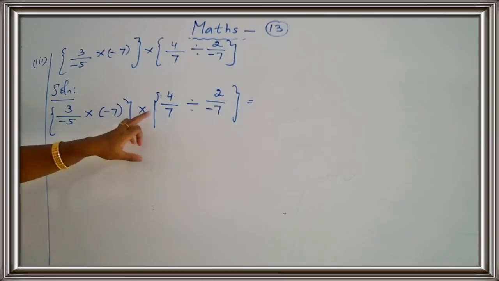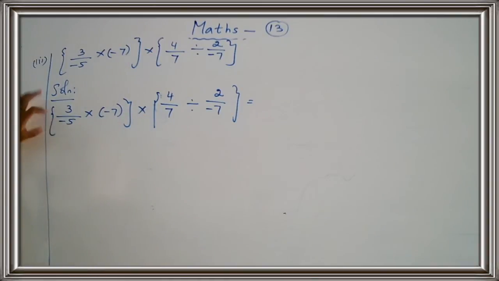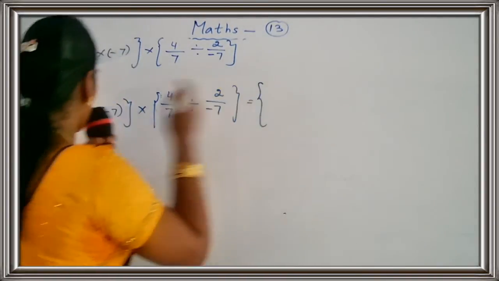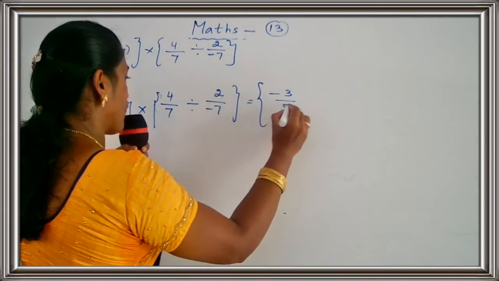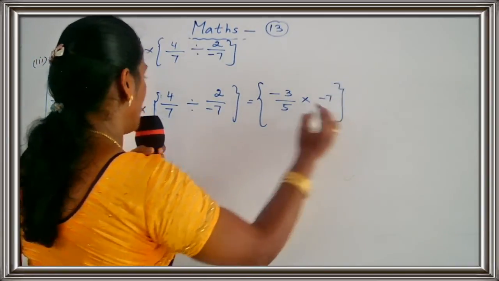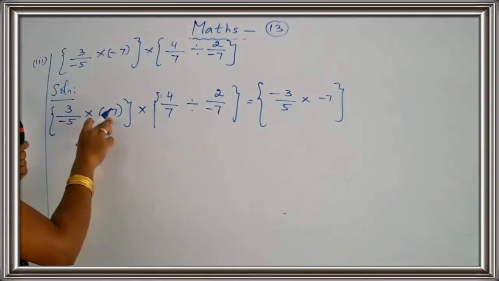Okay. So next, divided by, multiply 4 upon 7. You see here division, so we have to change the sign. Yes. So we multiply the dividend by the reciprocal of the divisor. So 4 upon 7 multiply, you put the reciprocal of 2 upon minus 7.